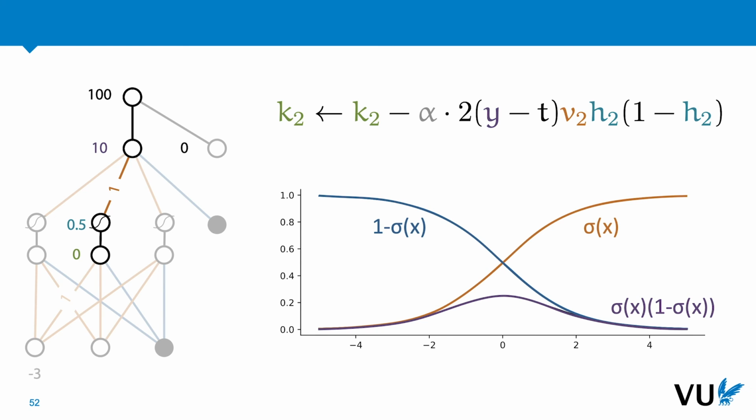And what we see is that if we're in the middle, this multiplier is as high as it can be. But if we're at the edges, the sigmoid function, as it were, resists changing. So the further we are out to the edges, closer to 1.0 or 0.0, the less the function wants to change under this update rule, because this multiplier h2 times 1 minus h2 gets smaller and smaller.